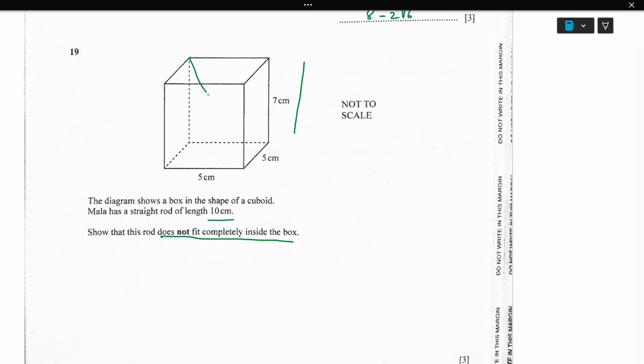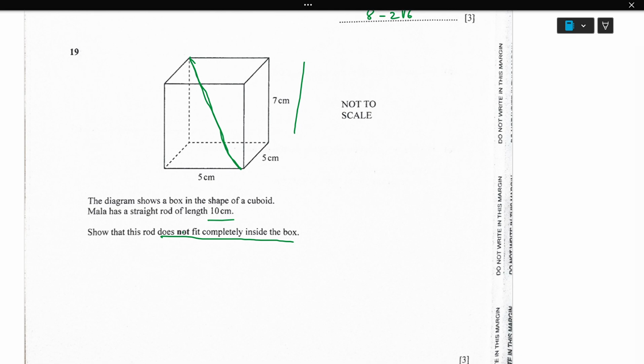So she can put it only in the diagonal way, this one. So we have to check this diagonal length. If this is 10 or more, it will fit.